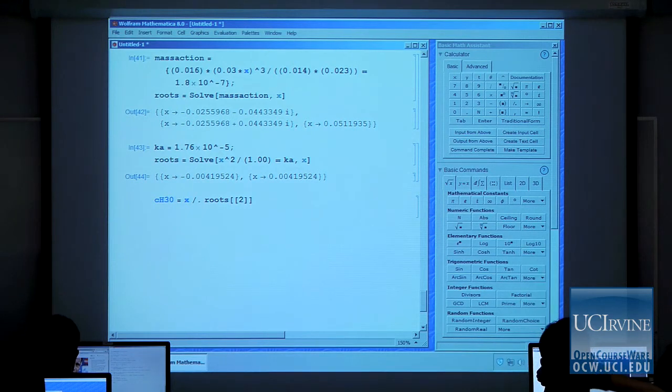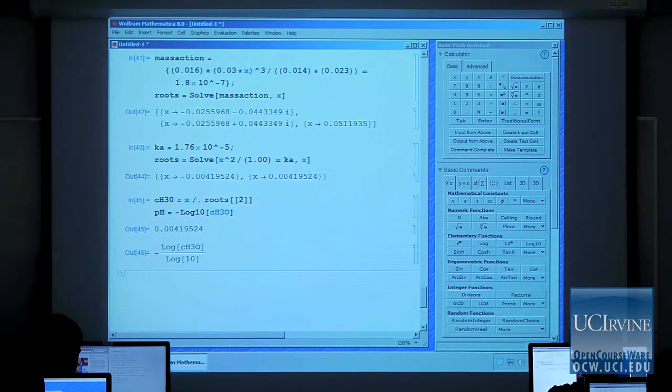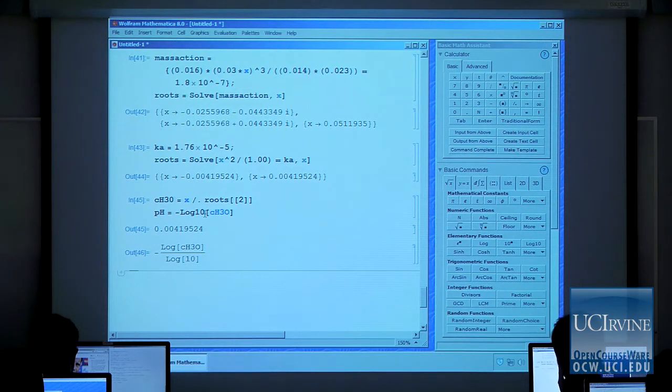And then I can say pH equals minus log 10 of CH3O. Okay. Oops. Minus log 10.